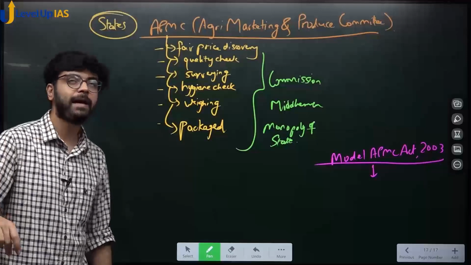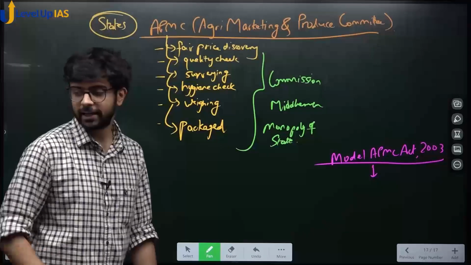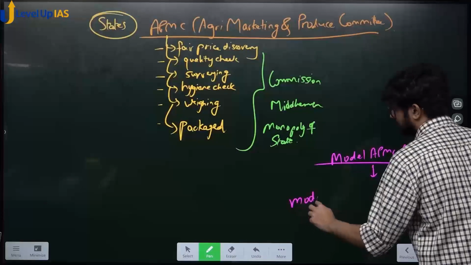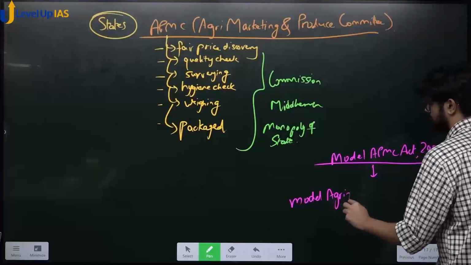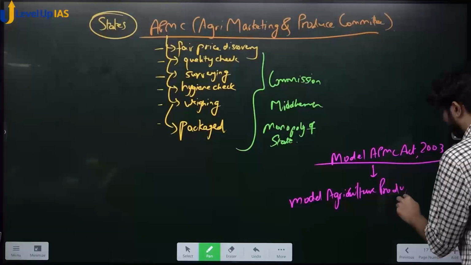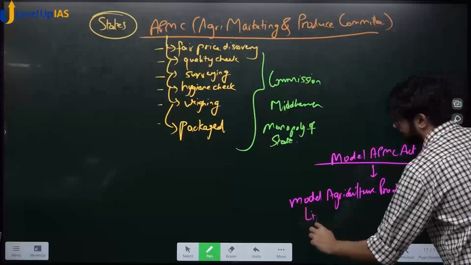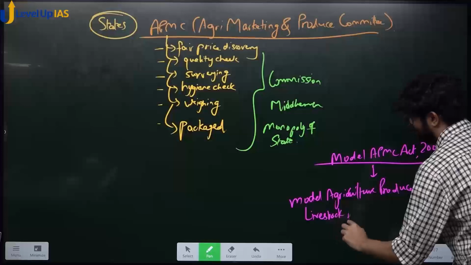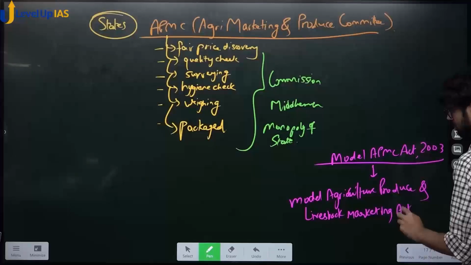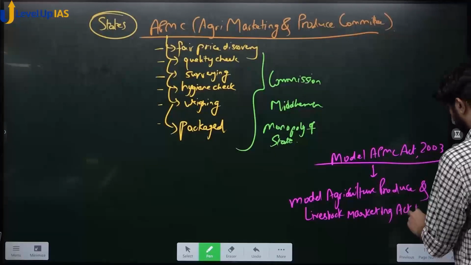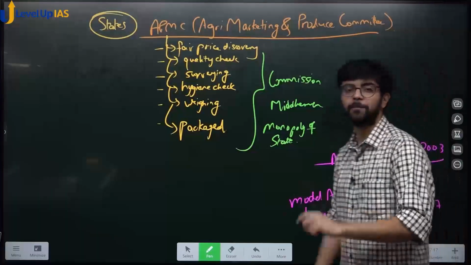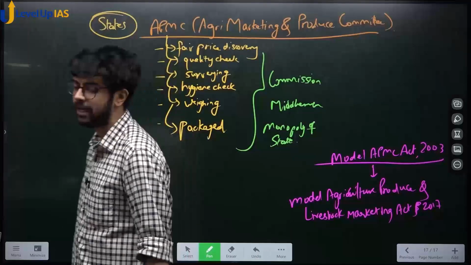Then came Model APLM Act. Agricultural Produce and Livestock Marketing Act 2017. APLM, Model Agricultural Produce and Livestock Marketing Act.